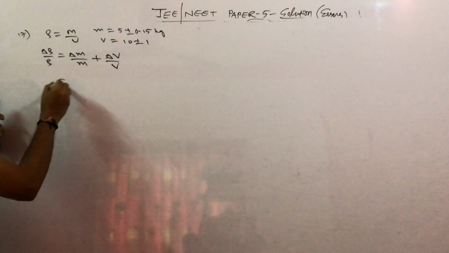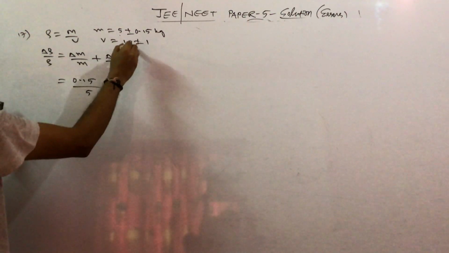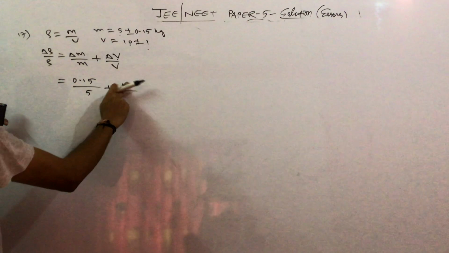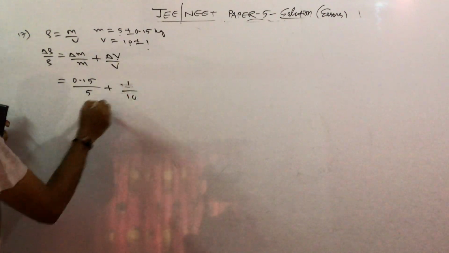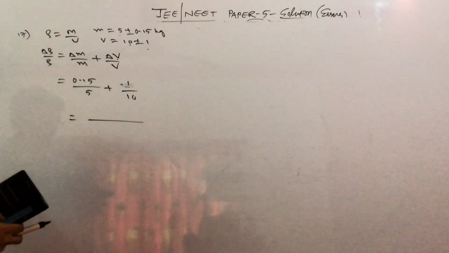तो अब इसमें वैल्यूज रखनी है. डेल्टा एम 0.15, मास 5, डेल्टा वी 1 और वॉल्यूम 10. If you simplify, try to solve it. चलो, what is the answer?